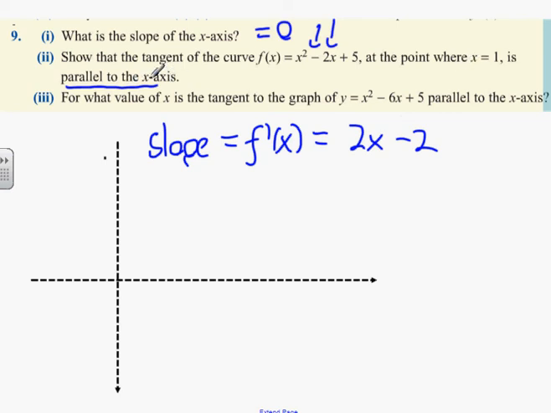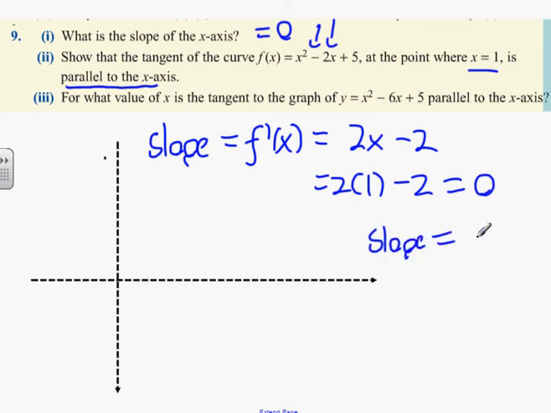You have to find the slope, okay? So what is the x value they give us? 1. 2 times 1 minus 2 is 0. Is that what we're asked to show? That the slope is 0? How do you know that for sure? Because it says it has to be parallel to the x-axis, so it has to be 0.